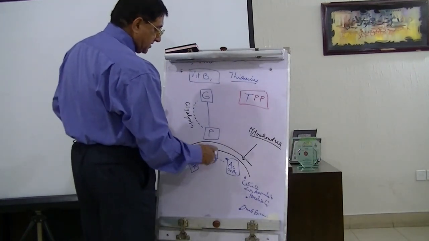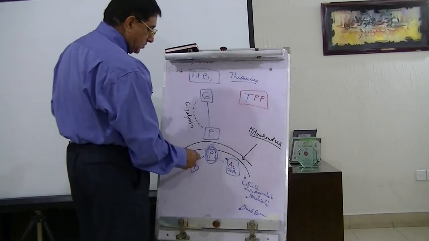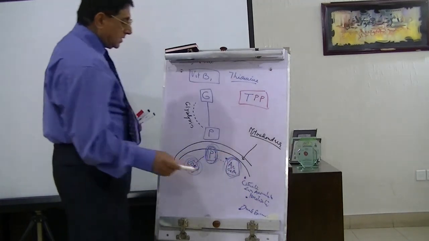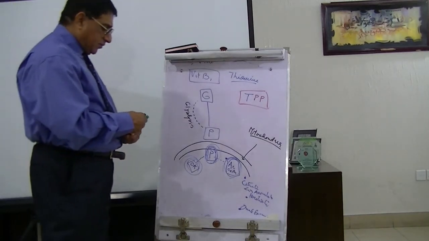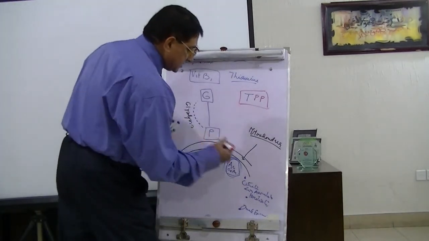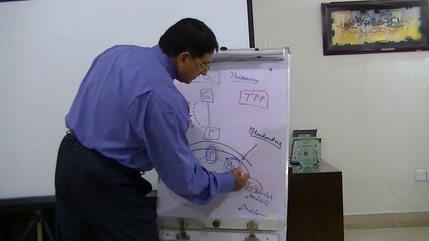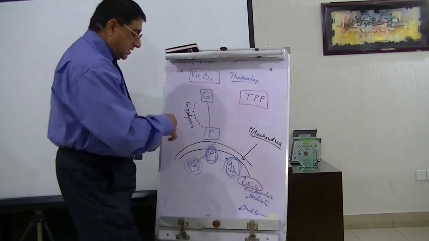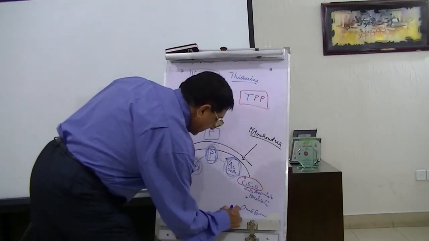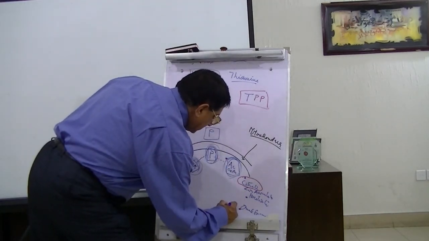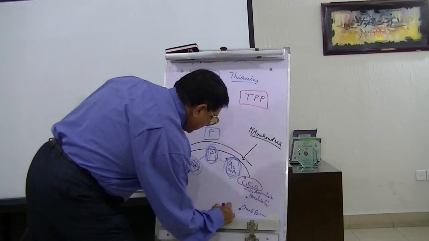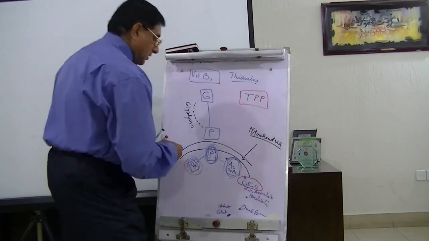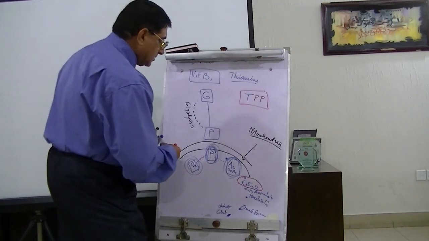Pyruvate comes inside, is converted to oxaloacetate and acetyl CoA. Then it gets the formation of citrate, then cis-aconitate, isocitrate, oxalosuccinate, then it forms alpha-ketoglutarate.